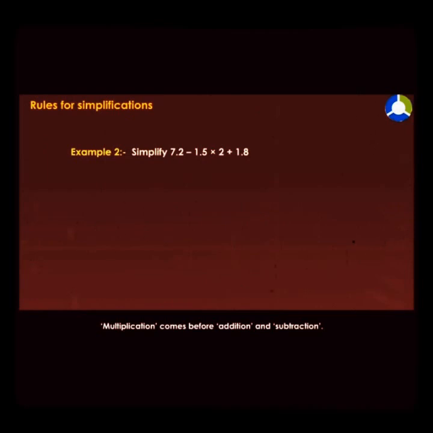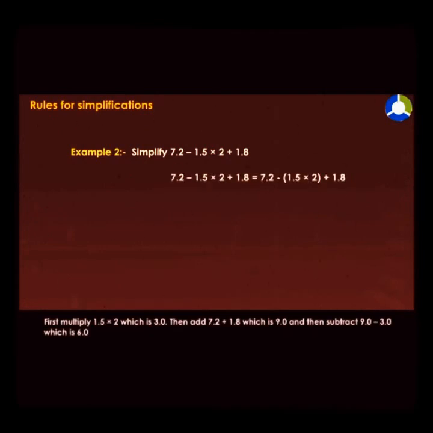2. Simplify 7.2 minus 1.5 multiplied by 2 plus 1.8. First, multiply 1.5 into 2, which is 3.0.